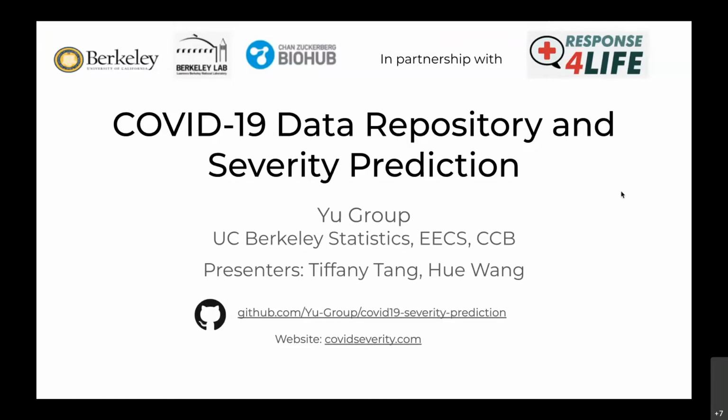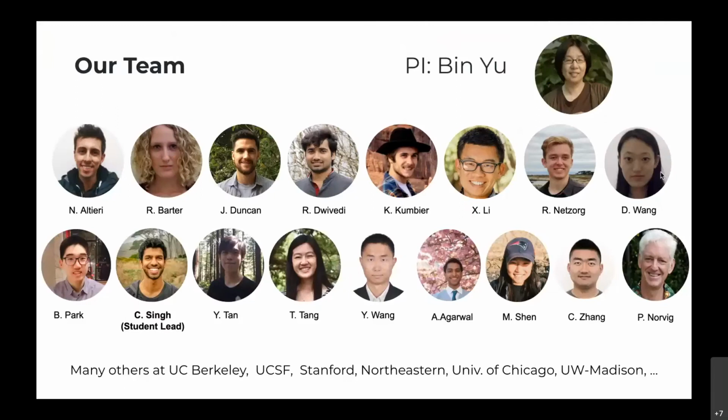And so I'd like to emphasize that even though Hugh and I are the ones presenting today, the work that we'll be talking about is certainly the work of a much, much larger team led by Ben Yu at Berkeley. Hopefully this slide gives you the sense of the scale of this project, and certainly none of it would be possible without each person here, especially Ben, who has been leading this fantastic group.